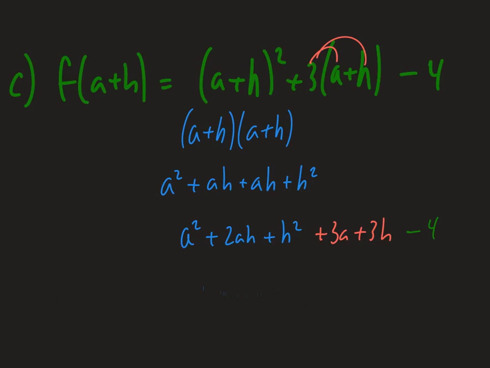And then we just need to look for any like terms, which I don't see any of. So we have a squared, this is not an a squared. These are just an a, so it doesn't go with that, right? And h is not an h squared, so none of these go together. So that's all we can do, actually.